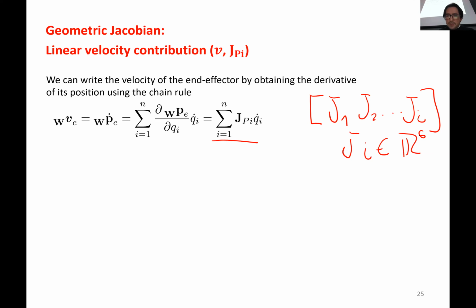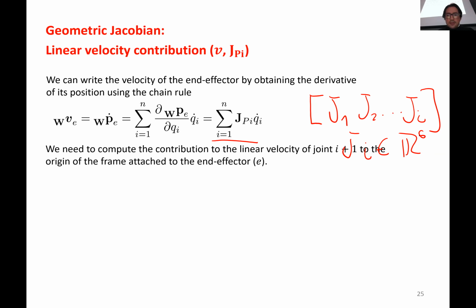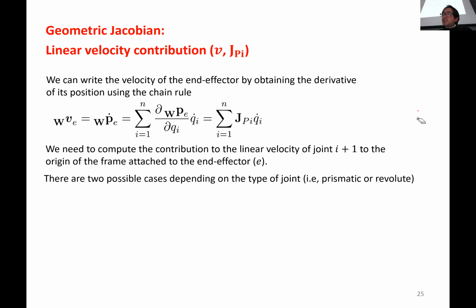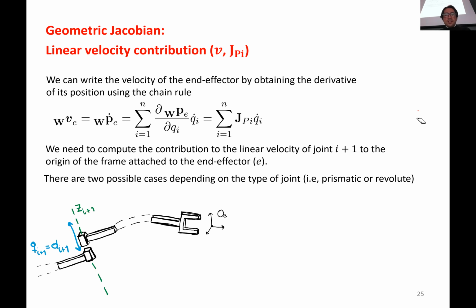Okay, so we need to compute the linear velocity of joint i+1 to the origin of the frame attached to the end effector frame. And there are two possible cases to do this: if the joint is prismatic or revolute. In the case of a prismatic joint, it's going to look something like this.